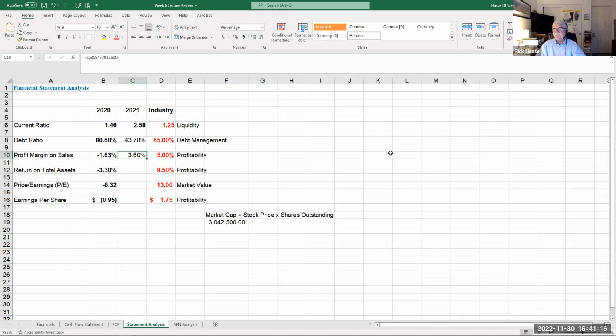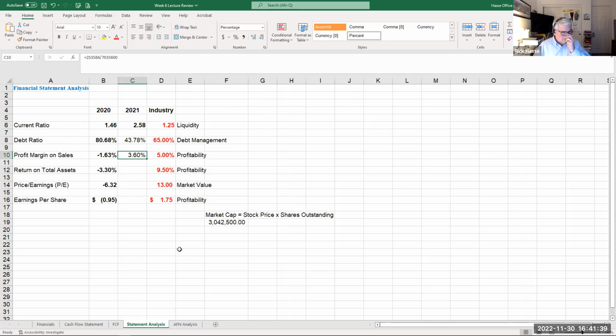That's our profit margin. For every dollar of sales, we're making 3.6 cents. Okay. The industry average here is 5%. We're not making as much money as our competitors. That should be a concern, especially since the year before in 2020, we lost money.